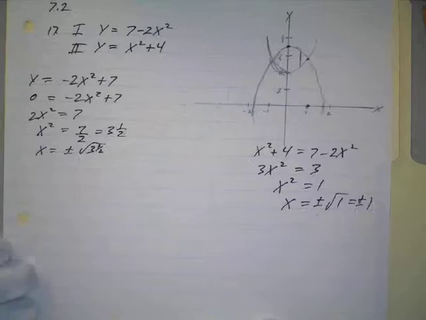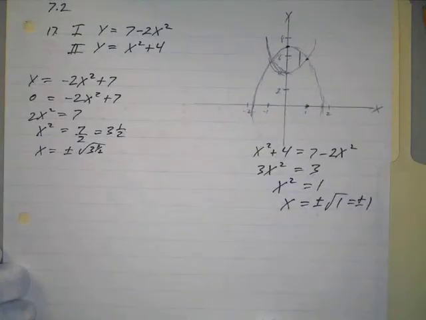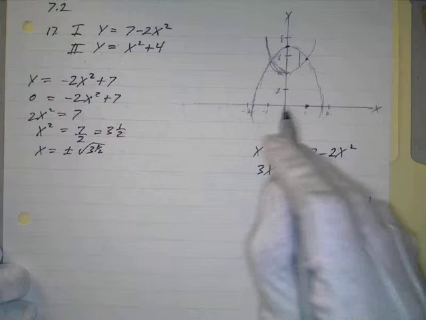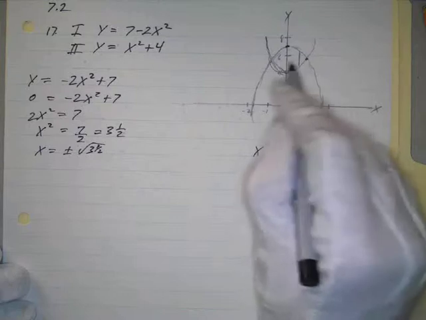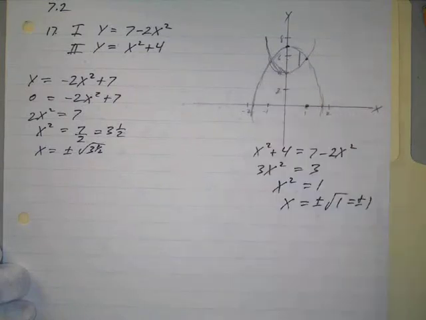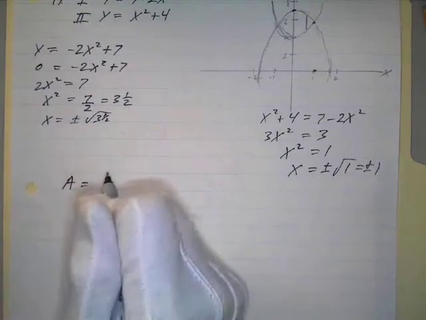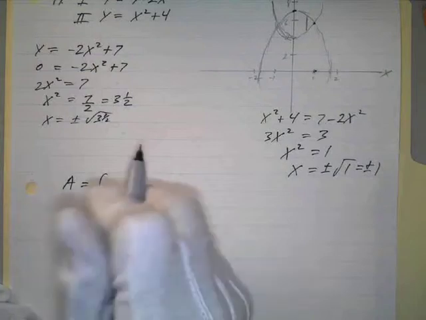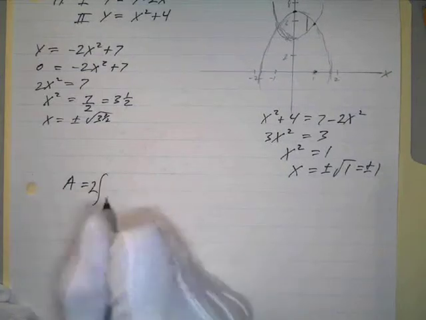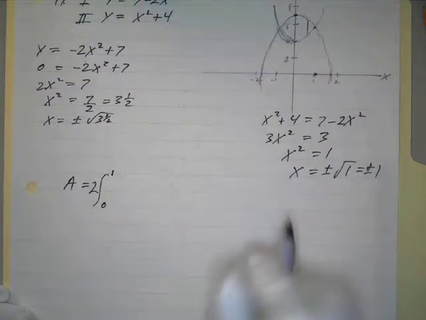So all I have to do is integrate from 0 to 1, and that's going to give me this area here, and then I just double it. So my area equals 2 times the integral from 0 to 1 of the top curve. Now what's the top curve?